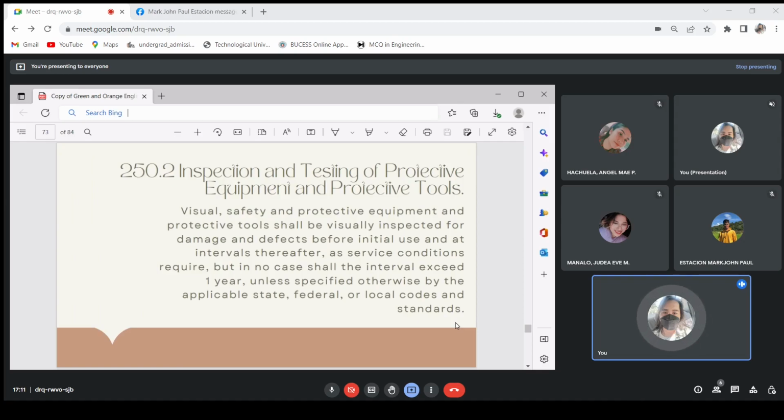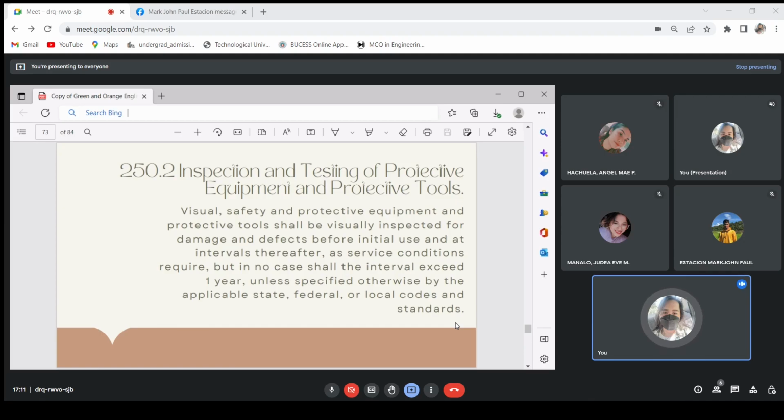250.2 Inspection and Testing of Protective Equipment and Protective Tool. So, sinasabi naman dito is all equipment specified in 250.1 shall be visually inspected for protective use. Ang primary use is to protect from shock hazard.